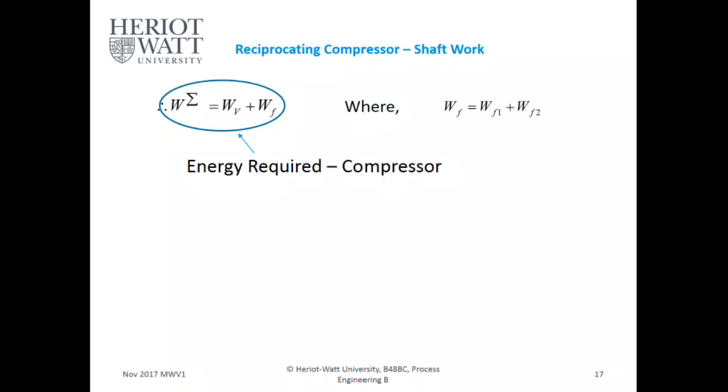Where VF equals fluid work 1 plus fluid work 2. Everyone's following that, I think. So your total shaft work is volume work plus fluid work, where shaft work is the integral of V in relation to P, from P1 to P2.